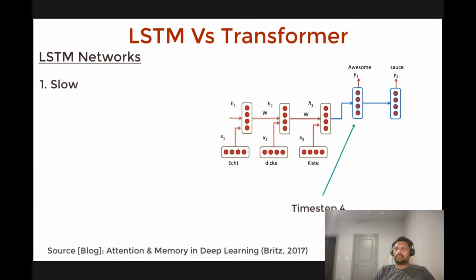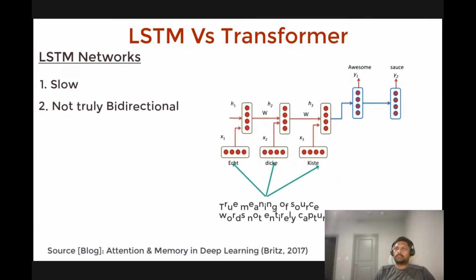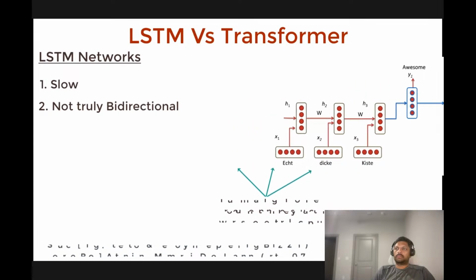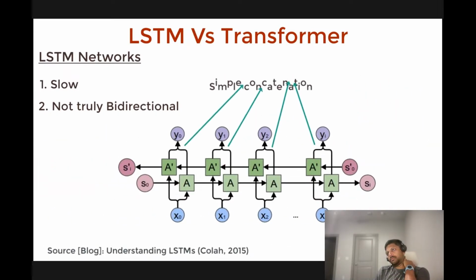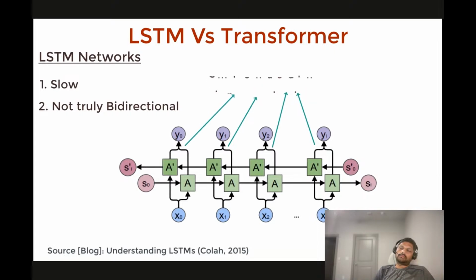It can take a significant number of time steps for the neural net to learn, and it's not really the best at capturing the true meaning of words. Yes, even bidirectional LSTMs, because even here, they are technically learning left to right and right to left contexts separately and then concatenating them. So the true context is slightly lost.